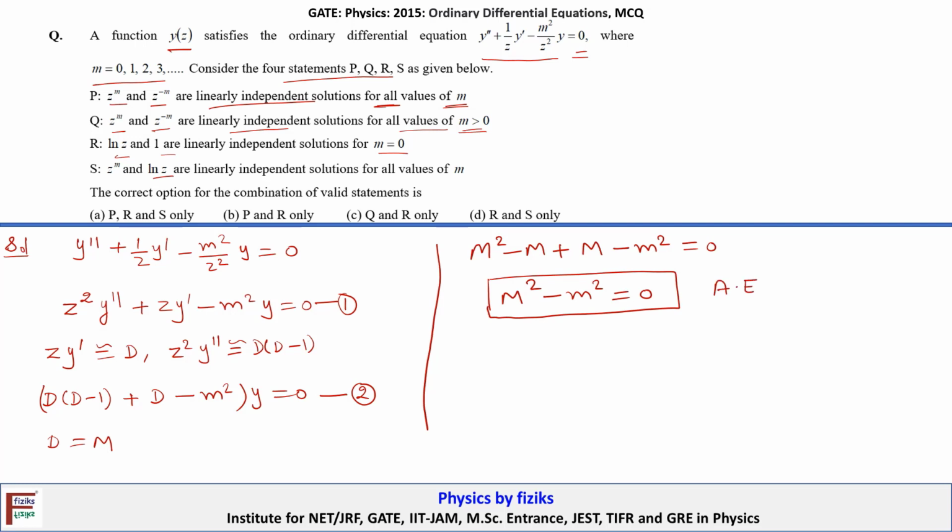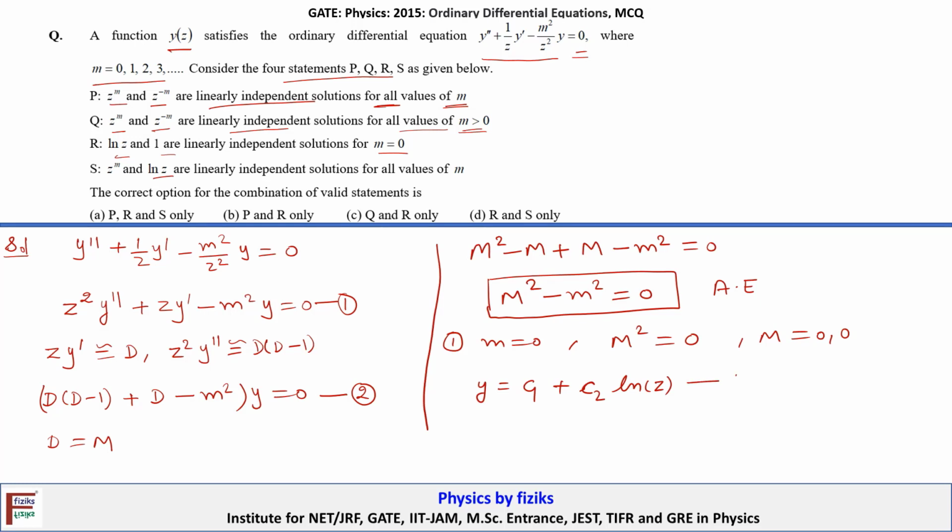Now we consider the cases. In the first case, if m is equal to 0, then from this auxiliary equation we can write M squared is equal to 0, and from here our roots are M equal to 0 and 0, and then the solution becomes y is equal to c1 plus c2 into x, where x is replaced by ln of z.